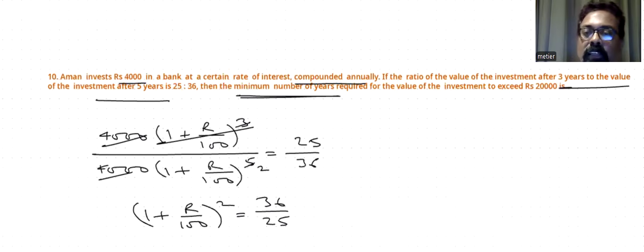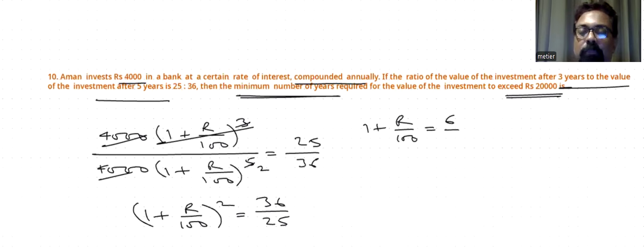So 1 plus R by 100 whole square is 36 by 25. 1 plus R by 100 is nothing but 6 by 5.